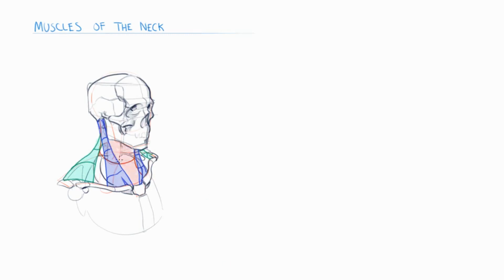And here in red again is those intrinsic muscles plus the trachea. In just a moment, we'll take a look at the range of motion of the neck and how each of these muscles can act to create movement within the bone structure.